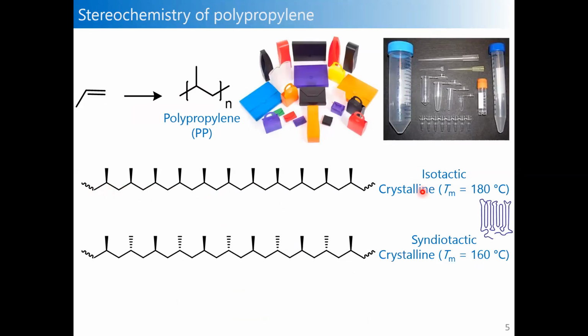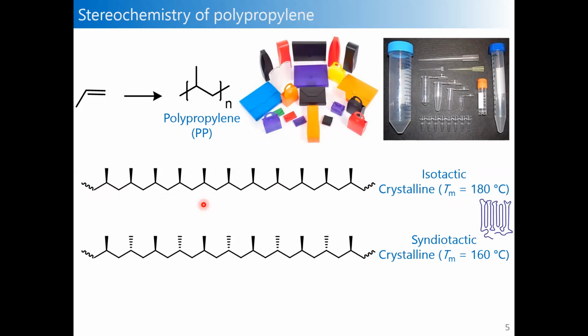If you take a chain of polypropylene and all the methyl groups are on the same side, either above or below the plane, you get a very regular backbone arrangement of the polymers. The chains can then come very close to each other, so you get a highly crystalline polymer with a very high melting point of about 180 degrees. That is what we make use of in our labs for various day-to-day items.